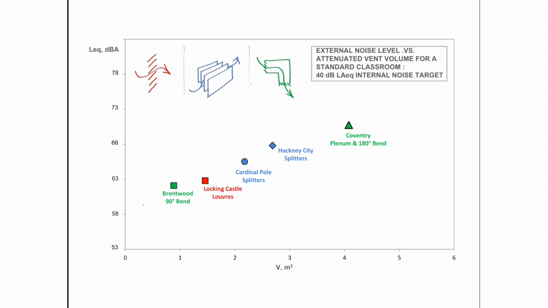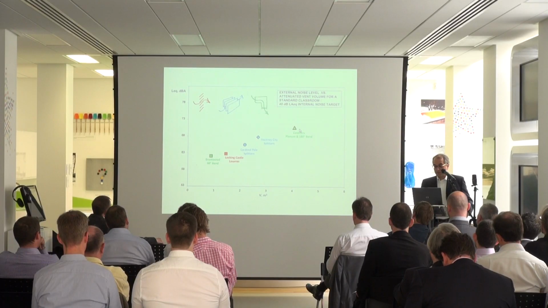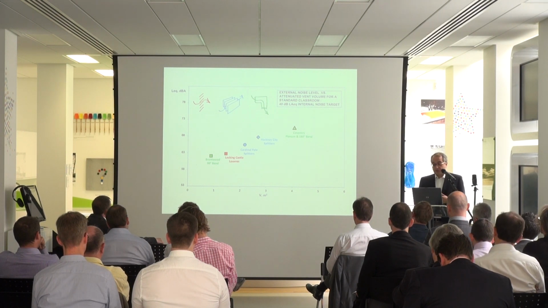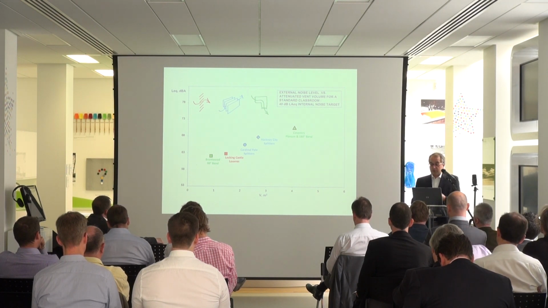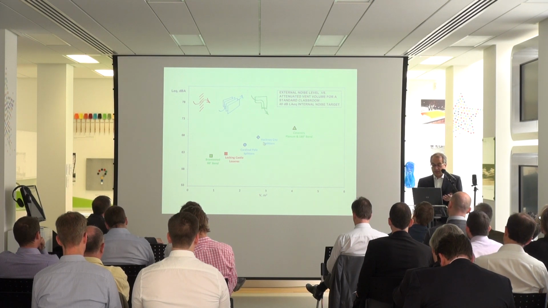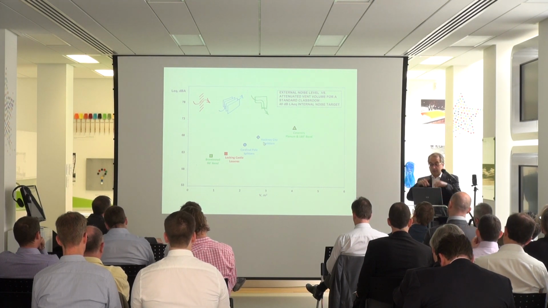If we introduce louvers, we get a bit higher. Then if we need higher performance because of high external noise levels, we probably would go for splitters, as we have seen in those bulkheads. And then for even higher noise levels, we would get something probably more circuitous to achieve the higher performance. Although by reducing the free area of the splitters, we can also achieve higher performances, but then we need larger areas.